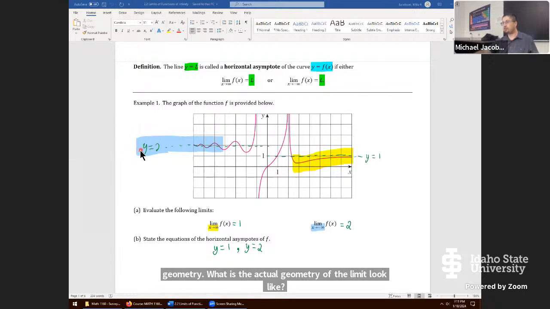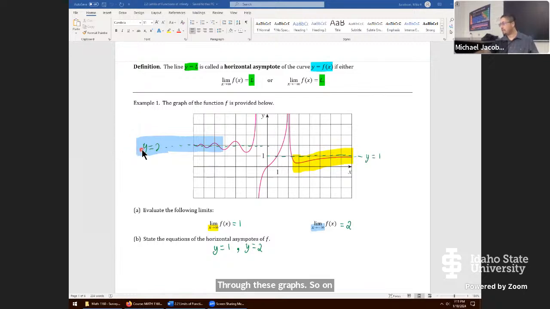So on this horizontal asymptote, y equals 2, when we took the limit as x goes towards negative infinity, it means we're looking at the long-term behavior of the graph as we go far to the left. The red curve seems to be settling down at a height of positive 2. We wrote the limit of that function as x goes to the left forever settles down to around 2.